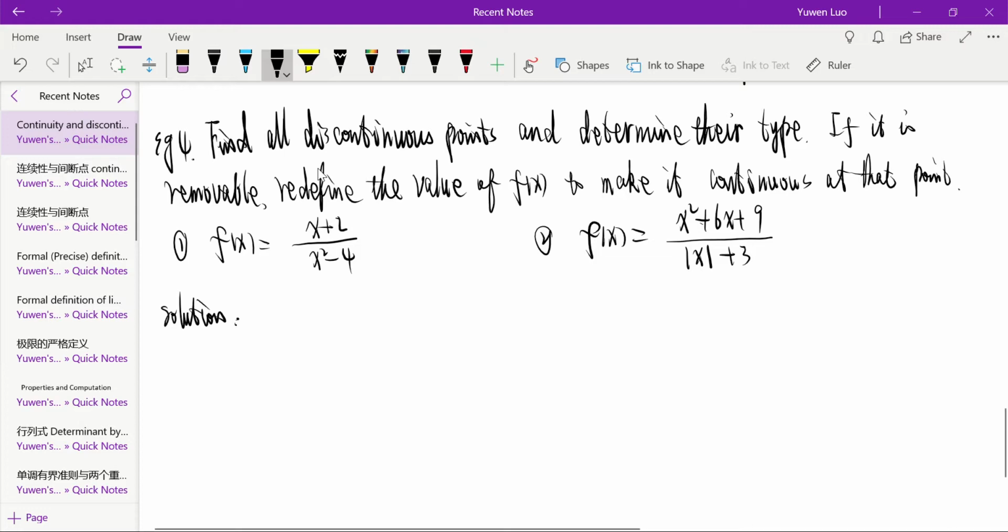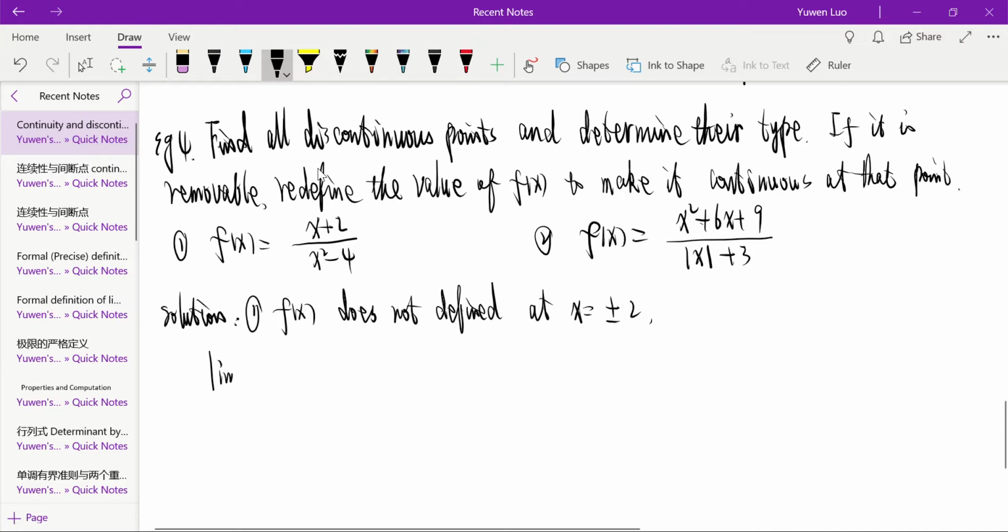Solution for the first one. f(x) is not defined at x equals positive and negative 2. Other points are all defined and continuous.